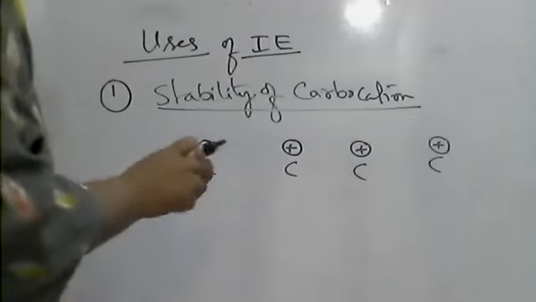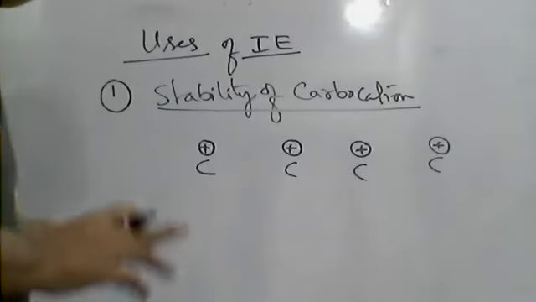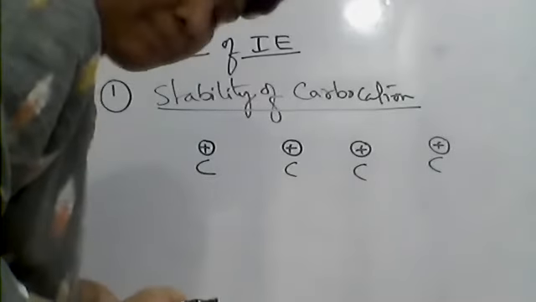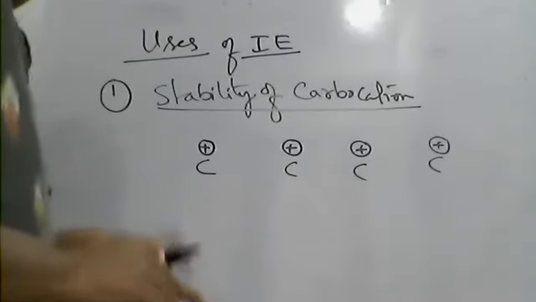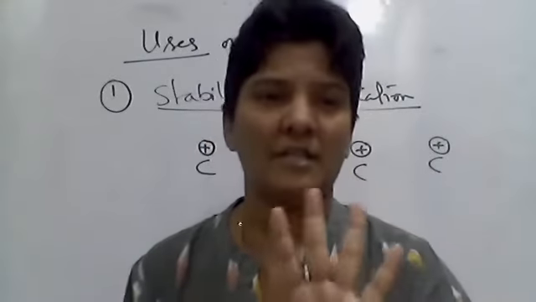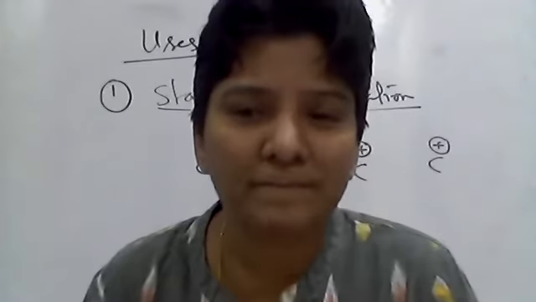So for this, there are 4 types of carbon: primary, secondary, tertiary, and quaternary. We don't take quaternary here because a quaternary carbon is already bonded to 4 different carbons. So a quaternary carbon never forms a carbocation.